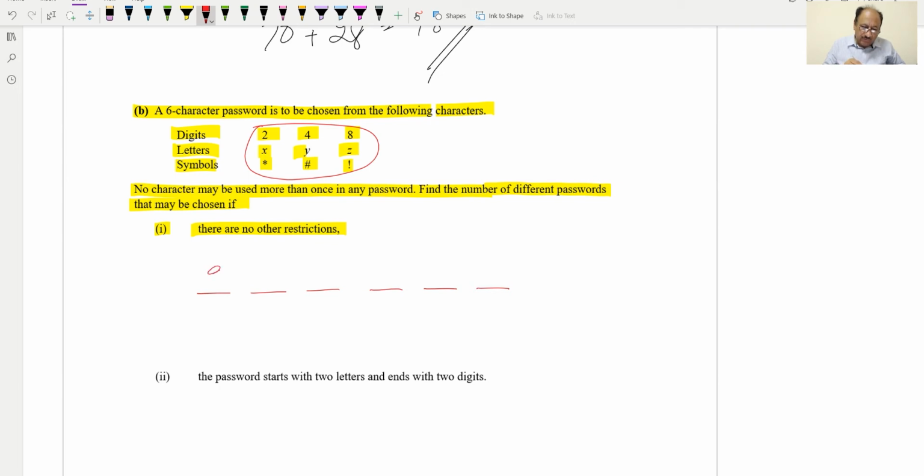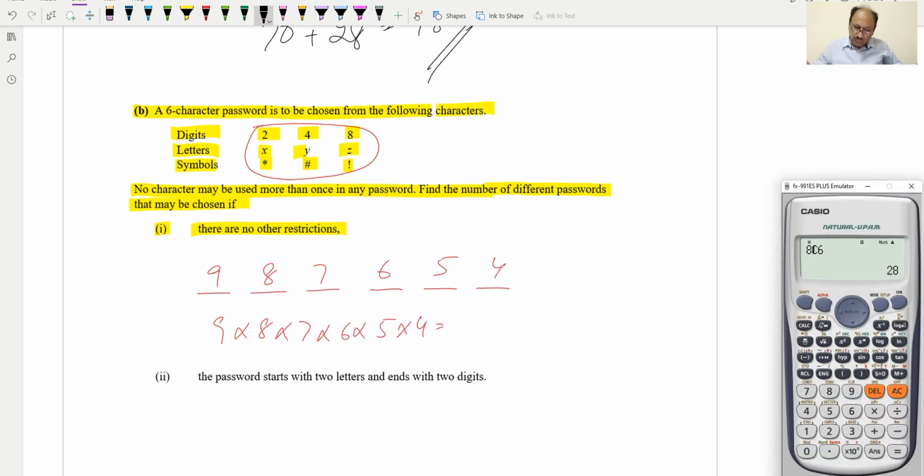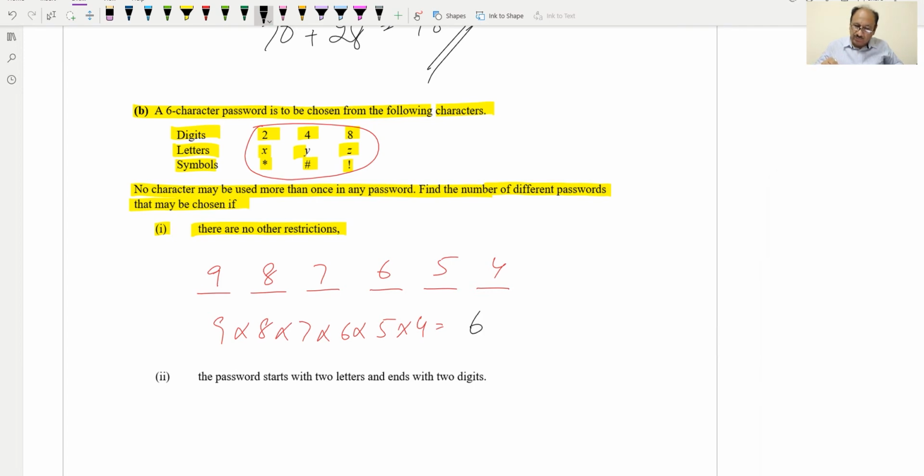So first we have 9 options, then 8, then 7, 6, 5, 4, and we multiply them: 9 into 8 into 7 into 6 into 5 into 4 is equal to 60480, and this will be our answer for this part.